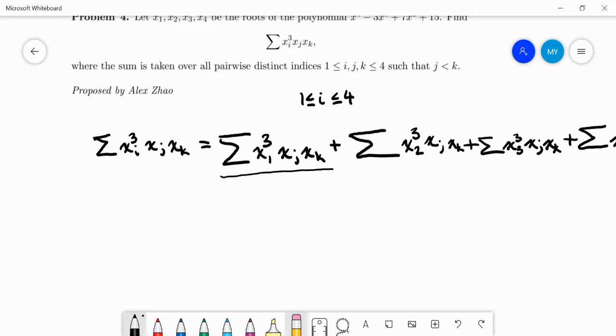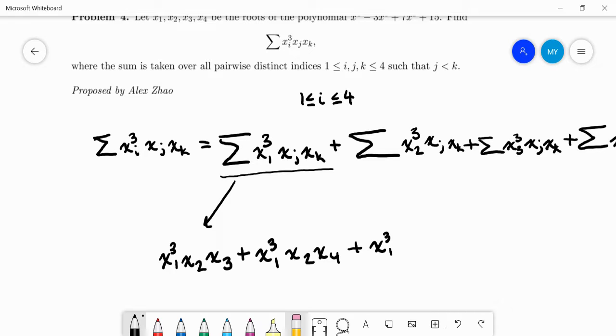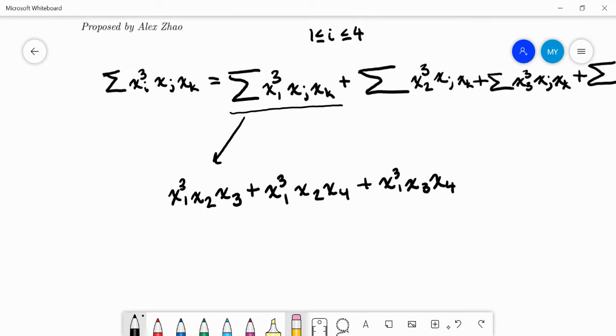This collapses into x1 cubed times x2 times x3 plus x1 cubed times x2 times x4 plus x1 cubed times x3 times x4. And now we see what's so great about this, because we can factor out the x1 cubed, right?